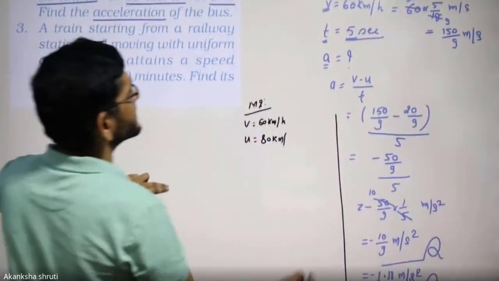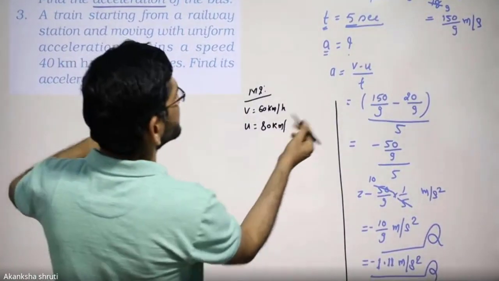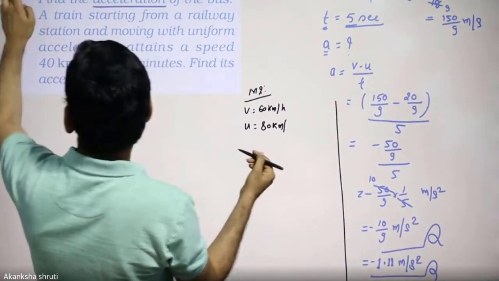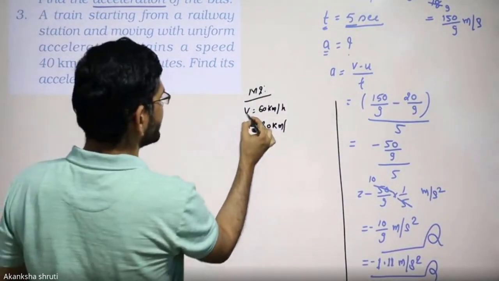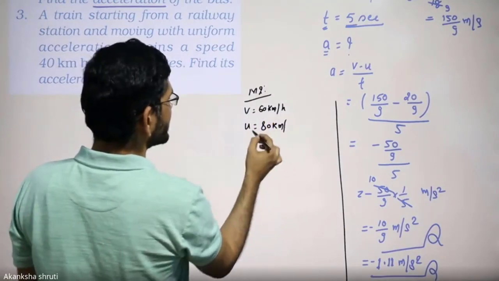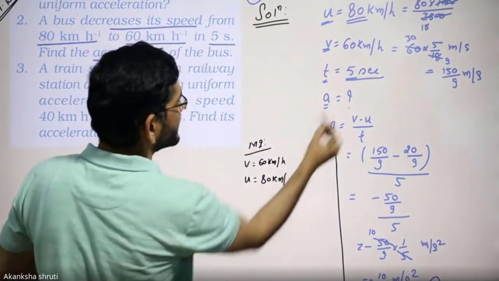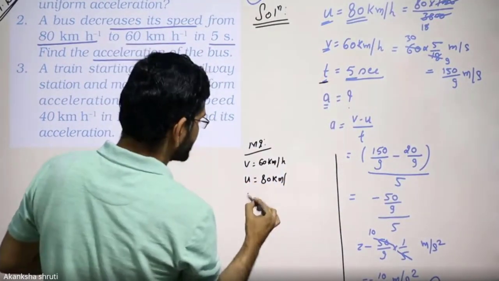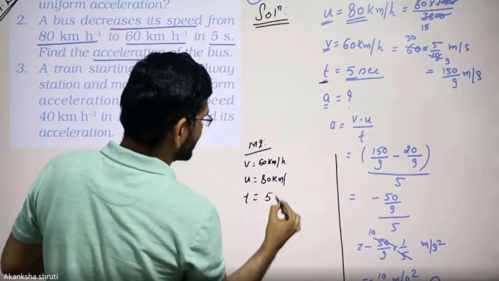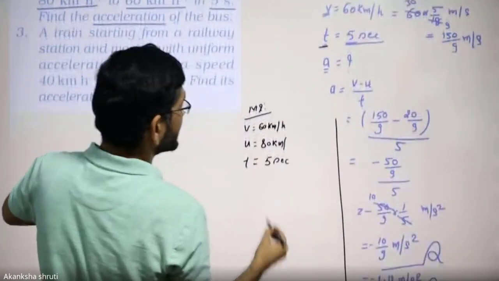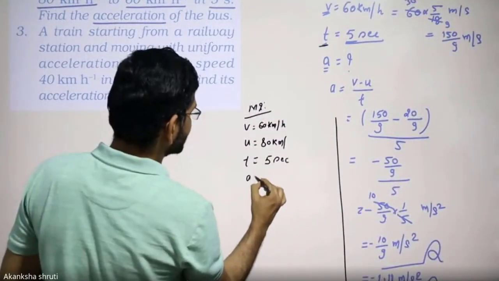Student, the same thing can also be calculated in the other system of units. Here it is given that v is 60 kilometer per hour and u is 80 kilometer per hour, and this is occurring in the time t equals 5 seconds. Now we want to calculate the acceleration.